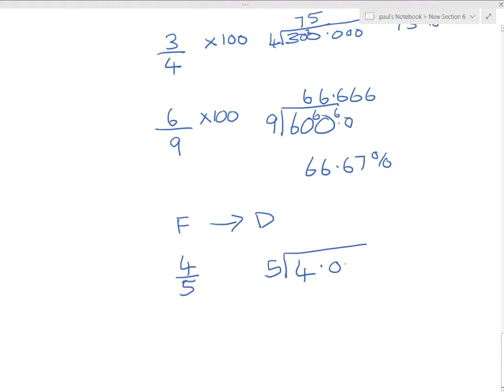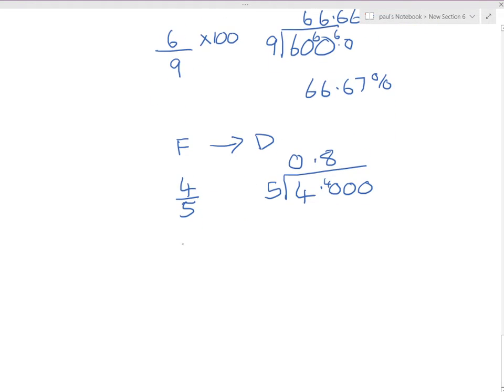And this time we'll put some zeros on the end because we know it's less than 1. 5s into 4 don't go. 5s into 40 go 8. So it's 0.8. 3/10 will be 3 divided by 10. 10s into 3 don't go. 10s into 30 go 3. So fractions to decimals.